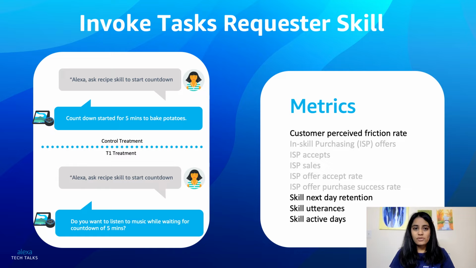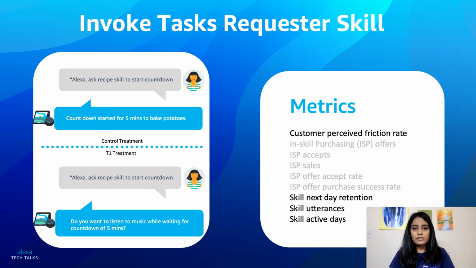Let's check the exact use case for task and an example. The use case is invoking different tasks in a requester skill. You can use A/B testing to compare two different task usages. The task can be of different provider skills or different tasks of the same provider skill. In this example, the recipe skill is a requester skill and the countdown skill is a provider skill.